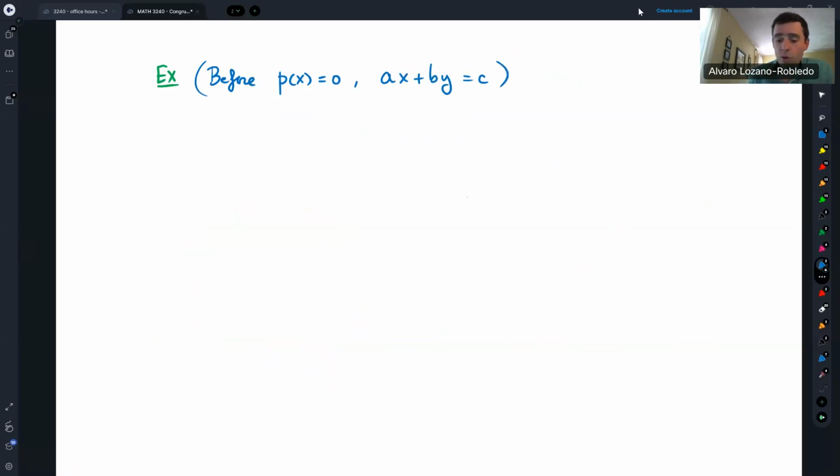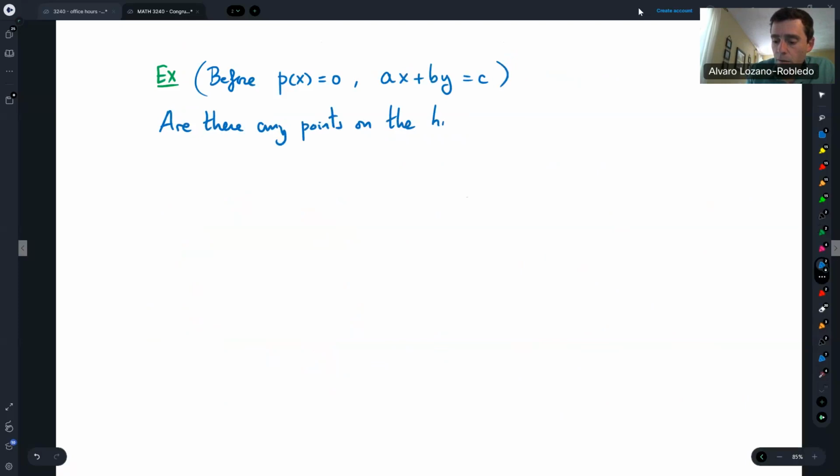So the question is, are there any points on the hyperbola x squared minus 3y squared equals 2 that have integer coordinates?